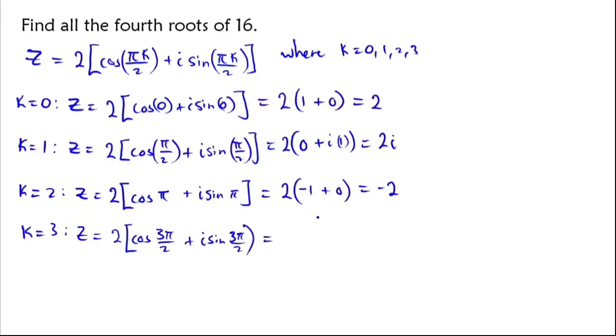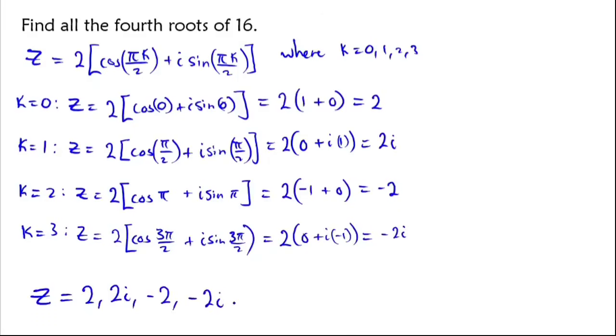So that's just 270 if you are using degrees, so it will be 2, cos 270 is 0, sine 270 is negative 1. So this is equal to negative 2i. So the 4 roots of 16 are 2, 2i, negative 2, and negative 2i.